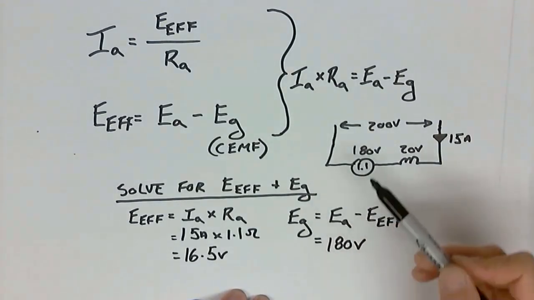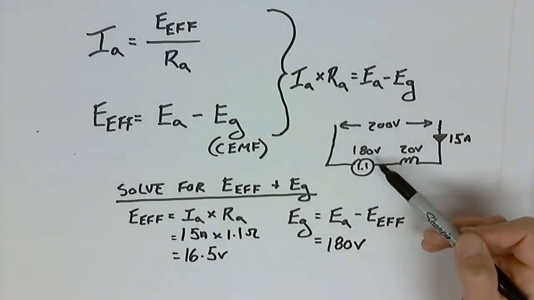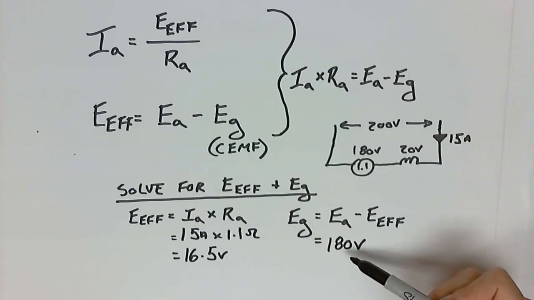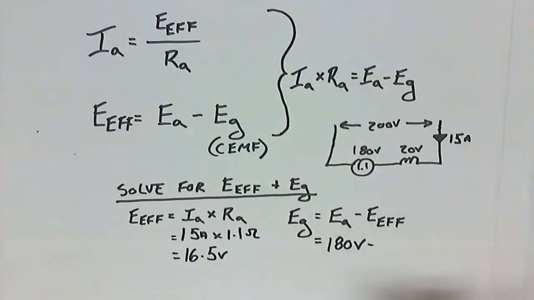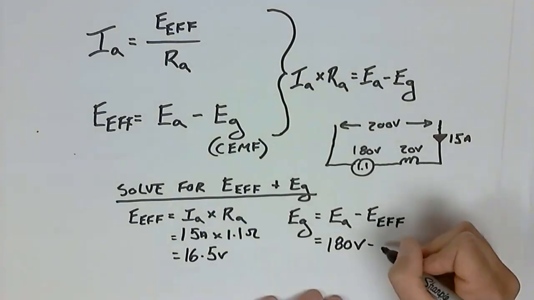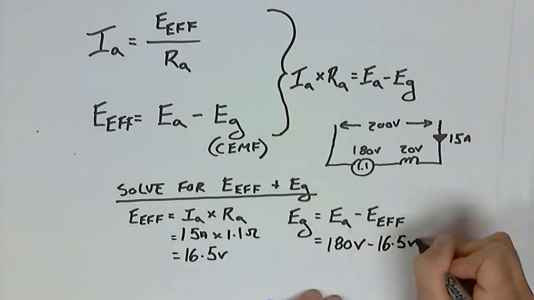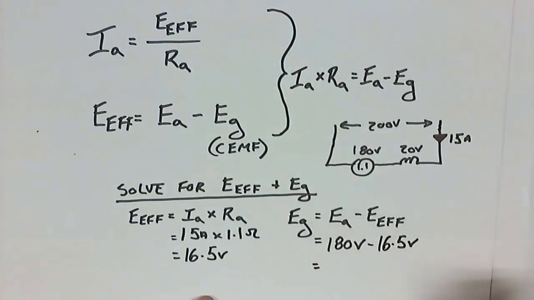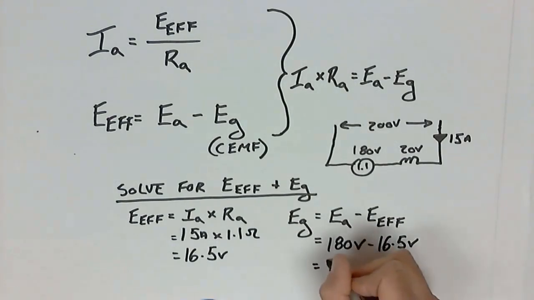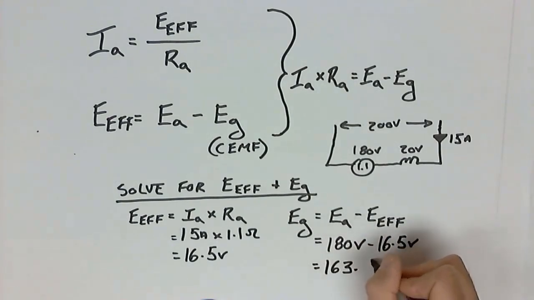That's the voltage across the armature. That's a measurable voltage, EA, minus E effective that we just calculated, 16.5. That means the total counter EMF is 163.5 volts.